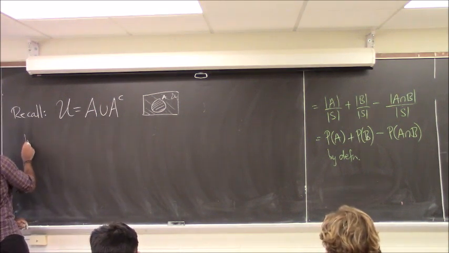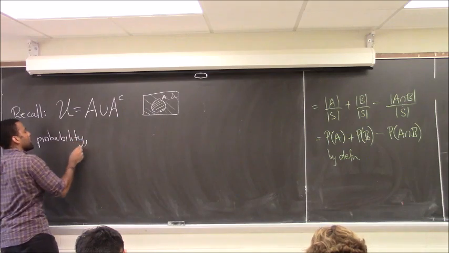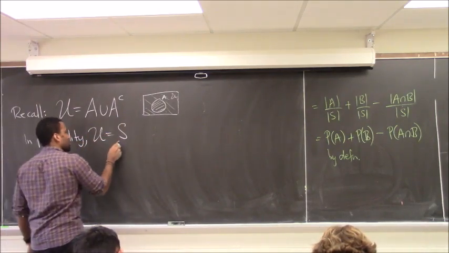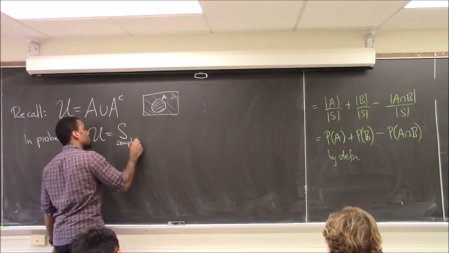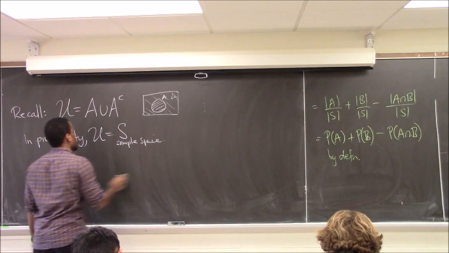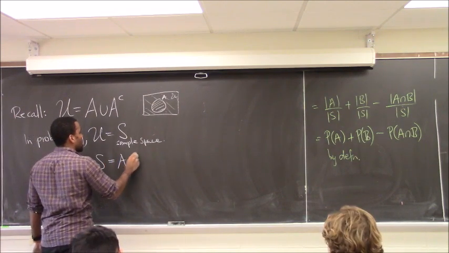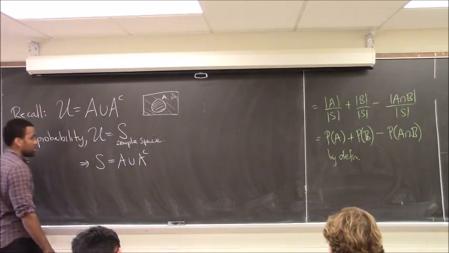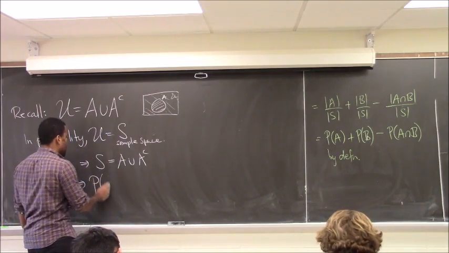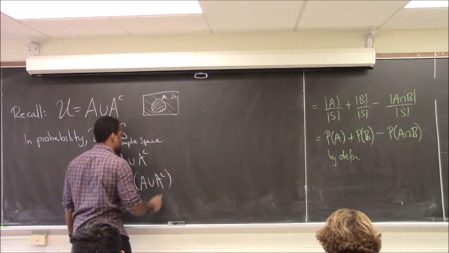Now, in probability, S is our sample space. This is the universe of all possible things. So this means that I can think of S as the union of an event and its complement. And in fact, this means that the probability of S is going to be equal to the probability of the union of these things.